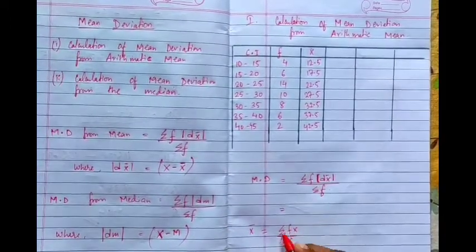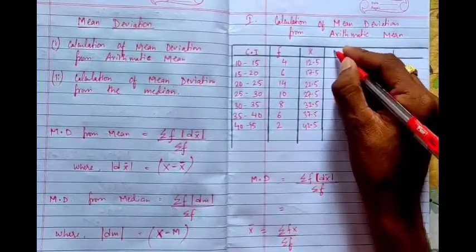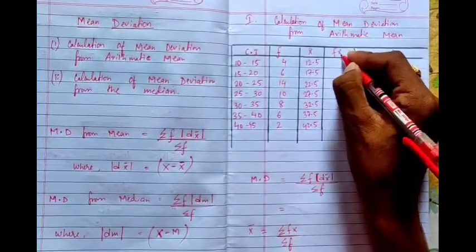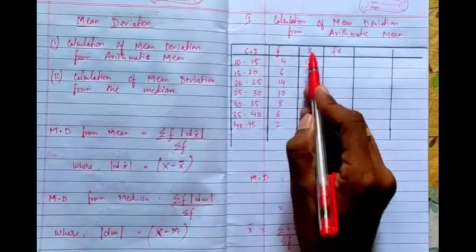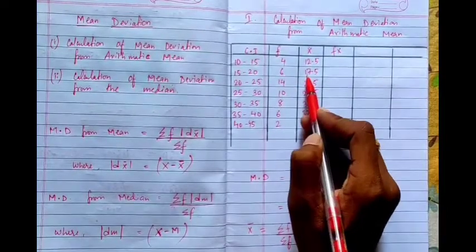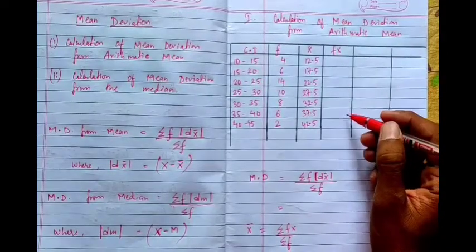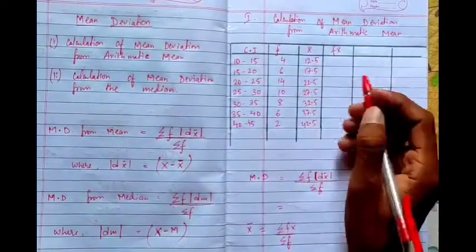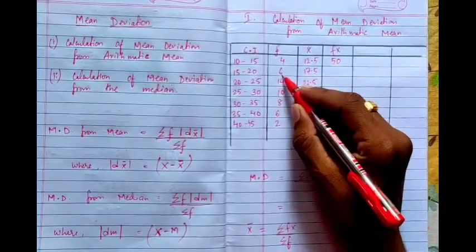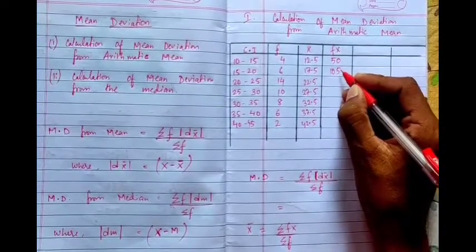For that we need summation fx, that is the total of fx. So we have to calculate fx. I'll create one more column for fx. Fx means f multiplied by x. So 4 multiplied by 12.5, 6 multiplied by 17.5. When we multiply 4 into 12.5, we get 50. Then 6 multiplied by 17.5, we get 105.